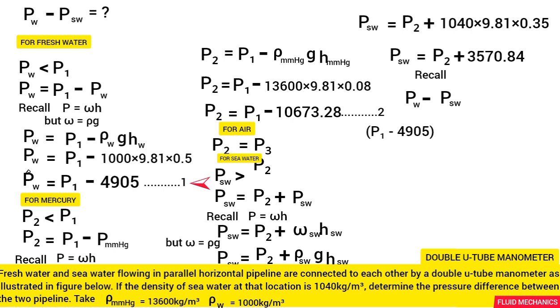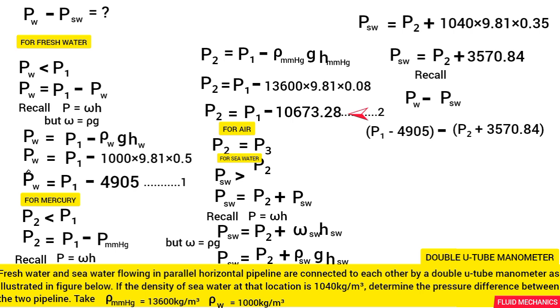Minus the pressure of the seawater, from equation 3, given as P2 plus 3570.84. But we know that P2 is given to be P1 minus 10,673.28. Are we good now?